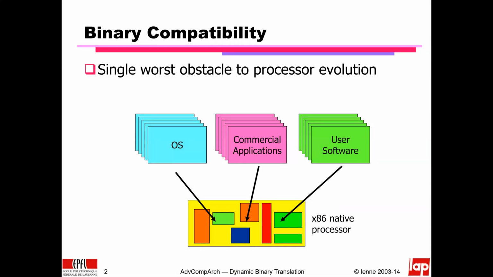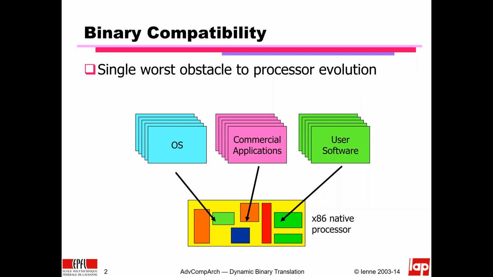The problem we want to tackle today is the problem of binary compatibility. I guess we understand intuitively what it means. We have a binary code, we have an executable, something that has been probably compiled from some higher level language, and it is prepared for a given processor. And then we want to change processor, have a more modern implementation.